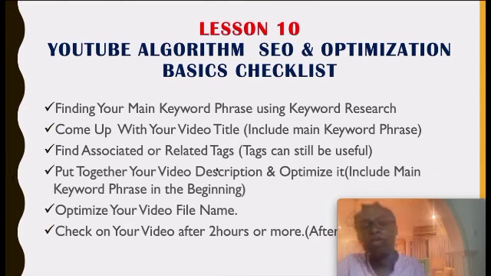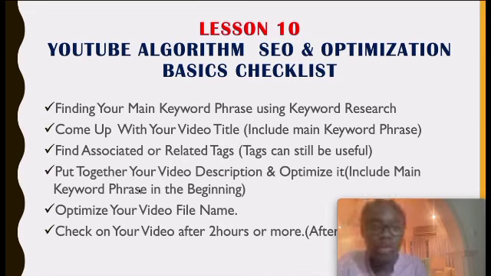Now, put together your video description and optimize it. In optimizing your video description, you should include your main keyword phrase in the beginning of your description. You see that people put so much information in their video description, and the description does not even include their main keyword phrase in the beginning. The first line in the description should contain your main keyword phrase, and this is optimization.